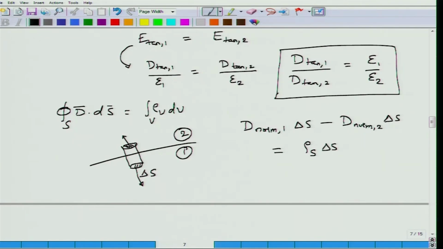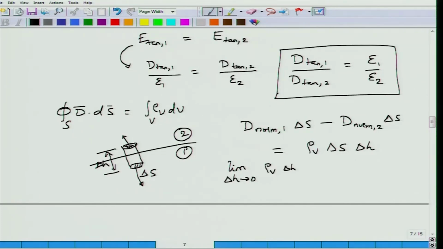Of course, this would be a volume charge, but here the volume charge is converted to surface charge. Maybe this is a place where you can see how a volume charge gets converted to a surface charge. Let us assume this is a volume charge distribution rho v. This must be multiplied by the surface area delta S, with delta H being the height of this cylinder. Now if I take the limit delta H tending to 0, what will happen to the right hand side?